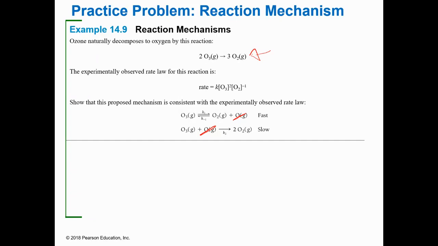So we're good there. Again, the next thing you should do is write the rate laws. Rate is equal to K times O3 and O. And then rate is equal to K times O3.